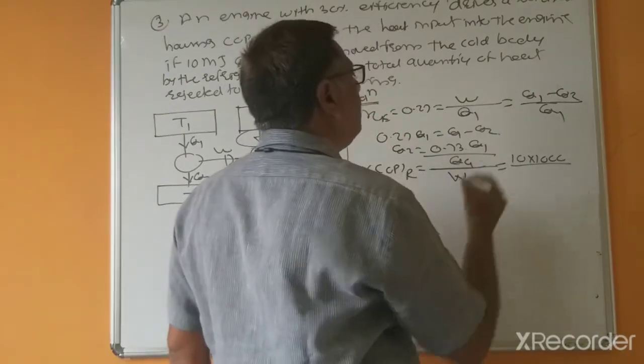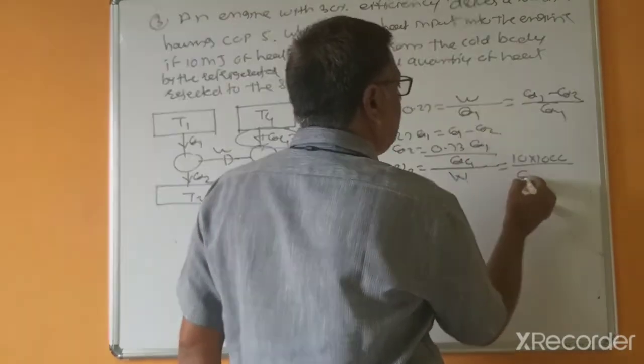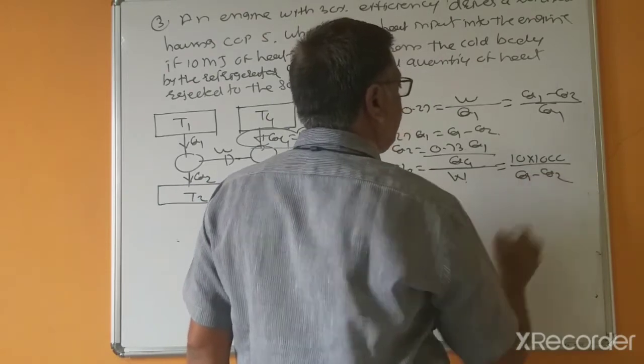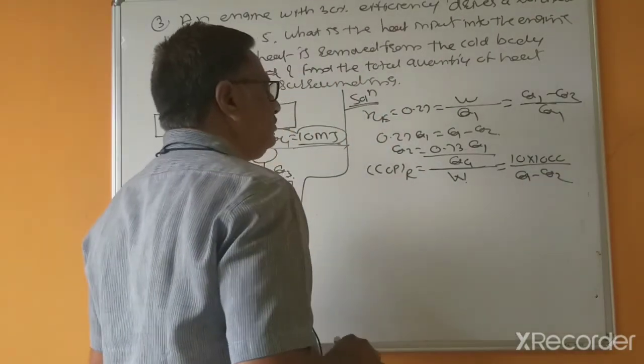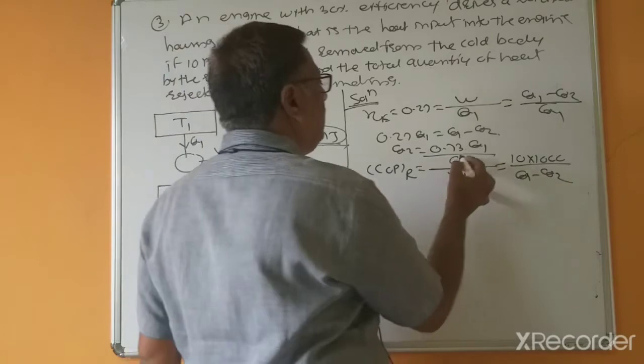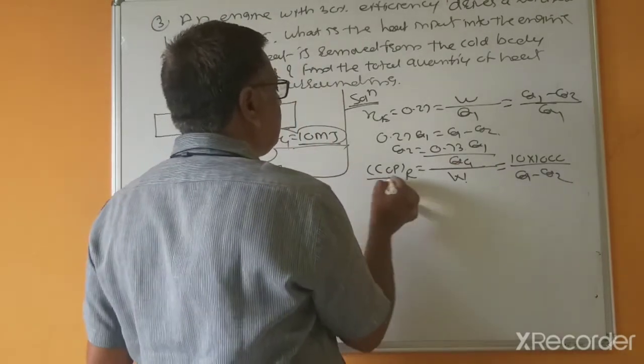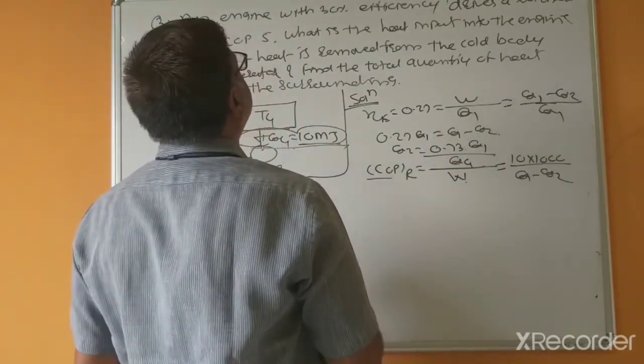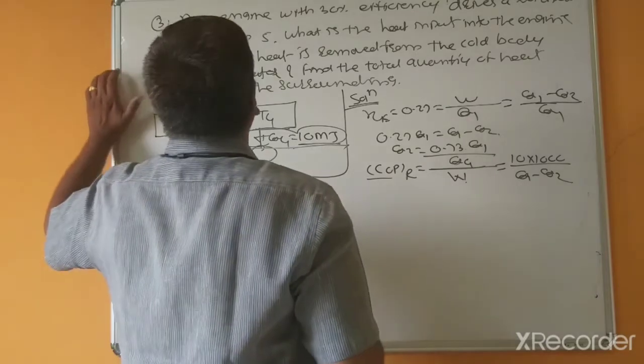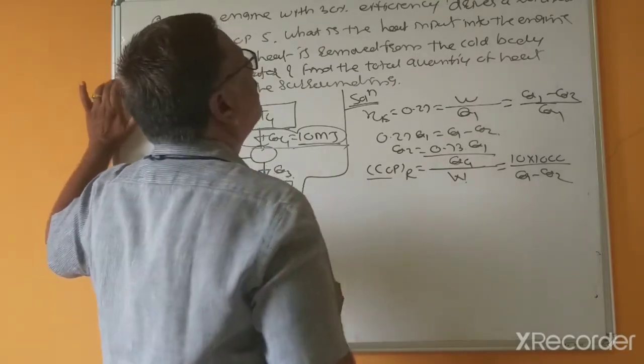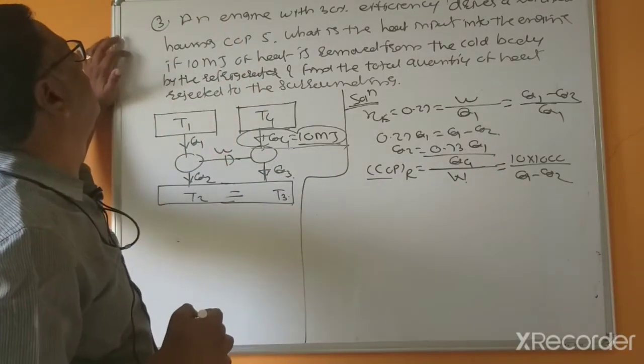W equal to Q1 minus Q2, and this is COP of the refrigerator.